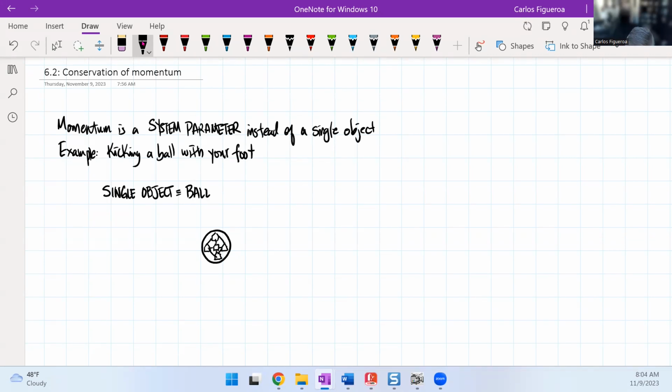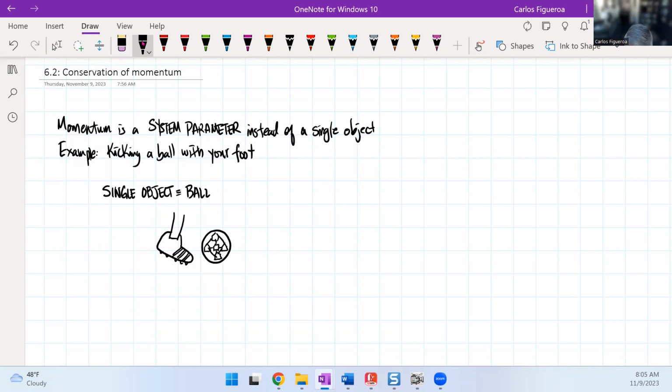And then I have my foot that's going to come down. And I imagine that my foot's going to come in. And because this is soccer, they might have spikes to grip. And then we need our Adidas stripes here, right? So we imagine that we have a foot that's coming in.